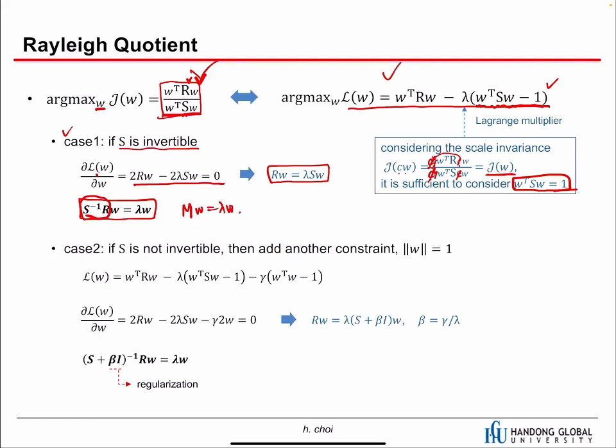But if S is not invertible, then we have to add another constraint, this one. So we had one constraint, and now we have another constraint. From this, we have a first Lagrange multiplier and a second Lagrange multiplier. We take the derivative with respect to W, then we have this term, and finally we have this equation. In this case, beta I is actually a regularization because S is not invertible.